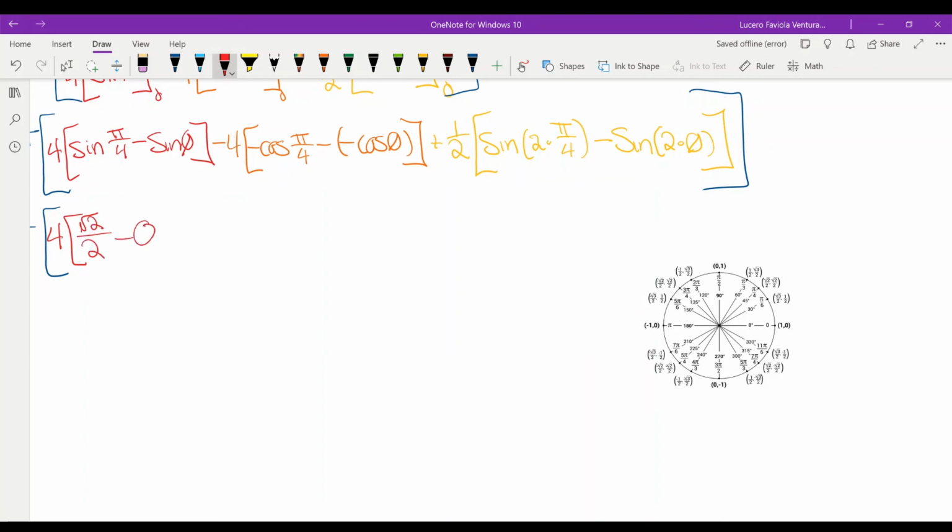And then the sine of 0 is simply 0, minus 4 times negative cosine of pi over 4. And again, that is equal to the square root of 2 over 2. And then negative times a negative is a positive, and the cosine of 0 is 1.